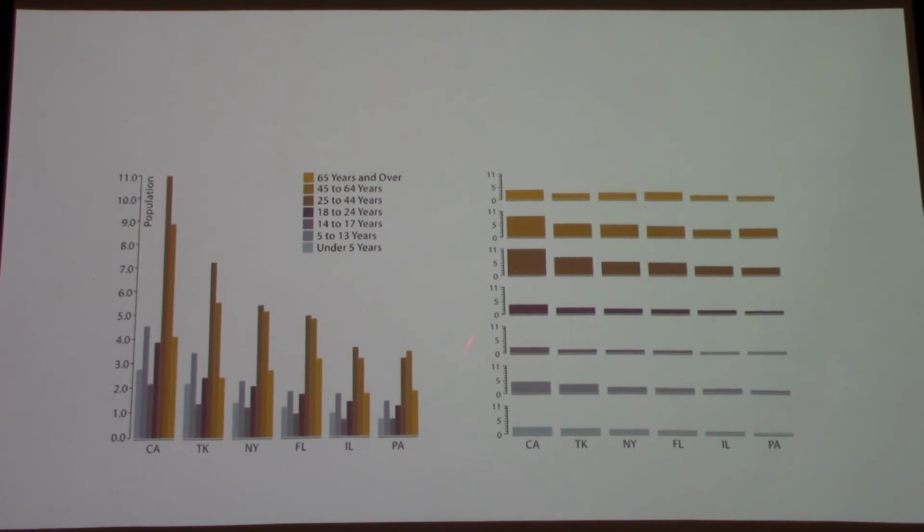So this is kind of a matrix alignment. Here we group by state in the columns, and we group by age group in the rows. Of course, this makes it a little bit more difficult to compare within a state. What we're doing here is actually using aligned position.